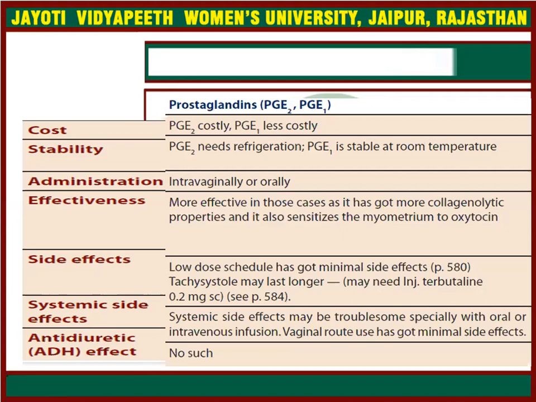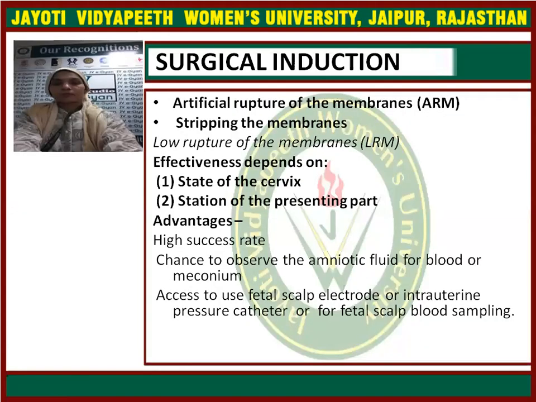Side effects: with a low dose schedule, minimal side effects; tachysystole may be there and may last longer, but side effects are comparatively less. Systemic side effects may be troublesome, especially with oral and intravenous infusion. If administered locally by the vaginal route, side effects are minimal and there are no antidiuretic side effects.